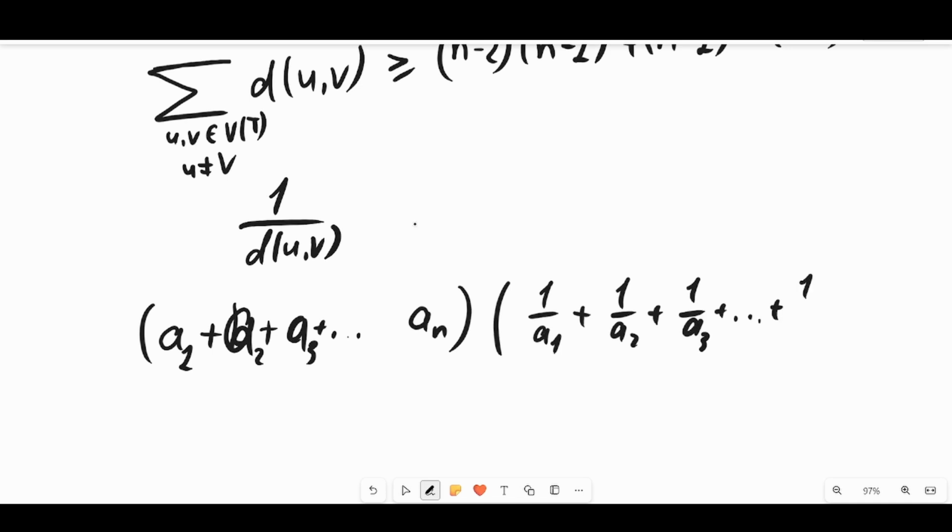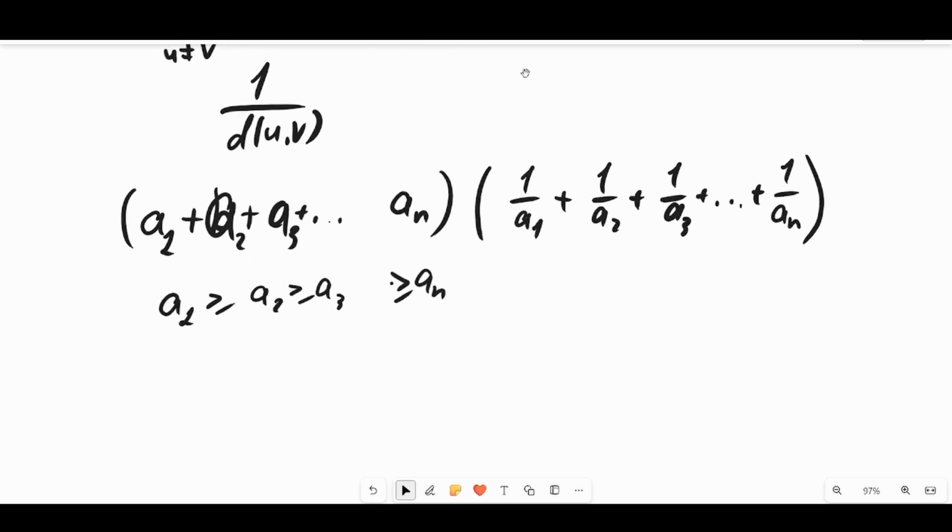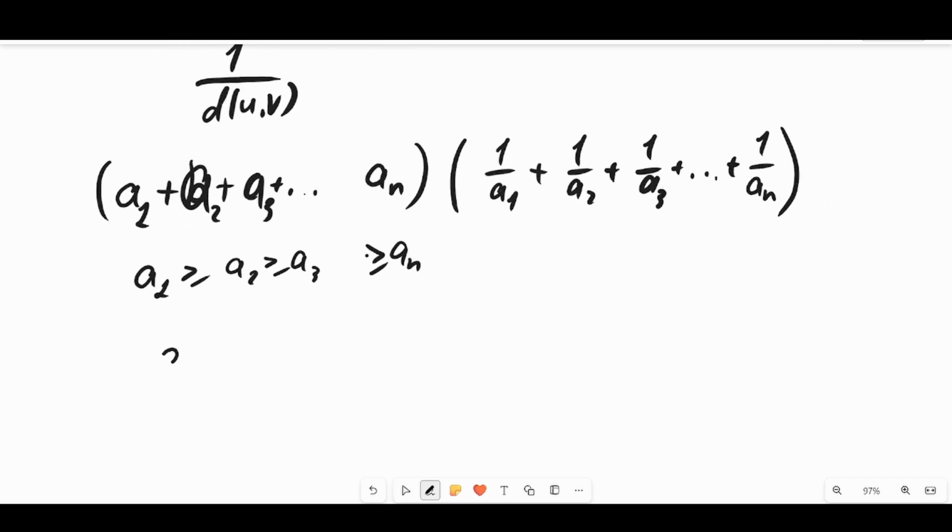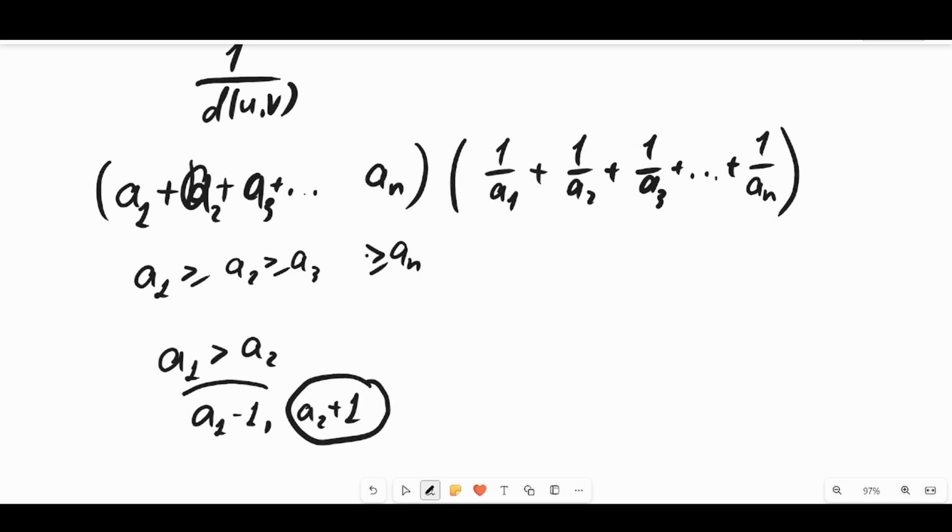What must be the condition for this sum to attain its minimum? Let's assume that a1 is greater than or equal to a2, greater than or equal to a3, and so on. If we decrease the maximum element, assuming that a1 is more than a2, and take a1 minus 1 and a2 plus 1, nothing will change for the left-hand side, the sum.